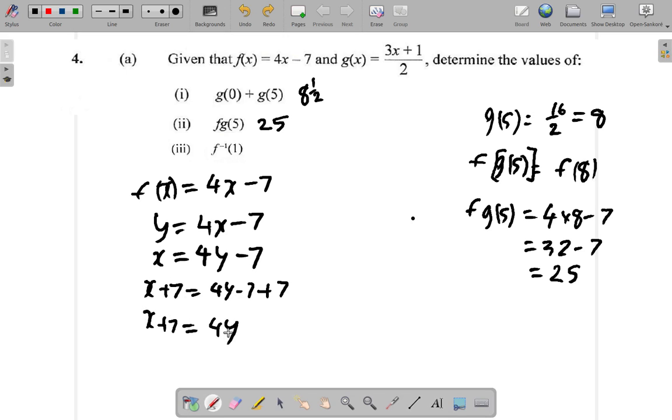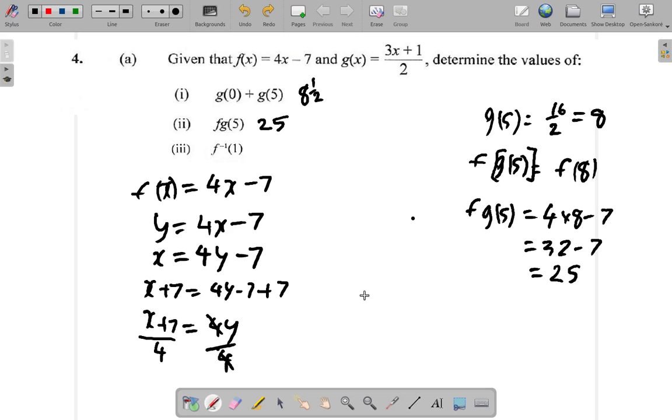Alright? Then you need to get rid of the 4 to make y equal. So if you divide by 4, 4 cancels 4. If you divide the right by 4, you must divide the left by 4 as well.